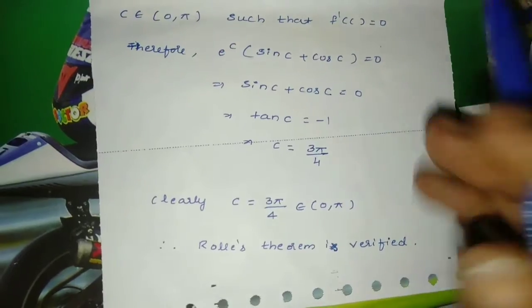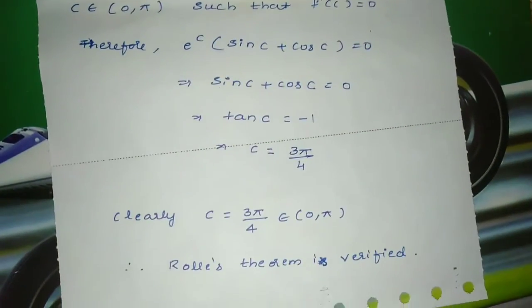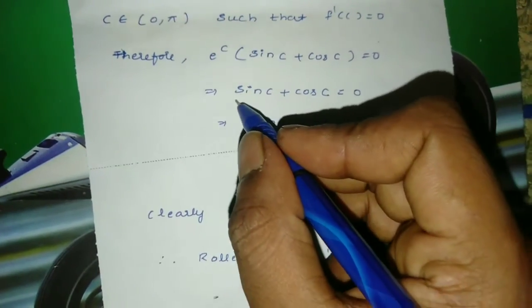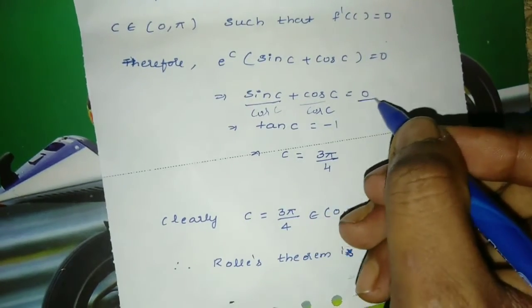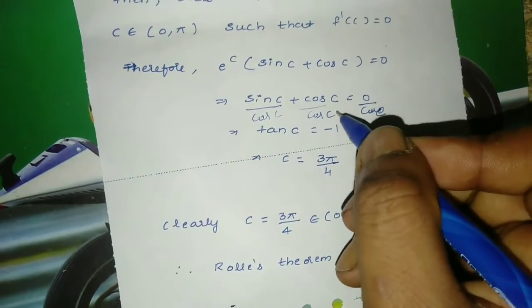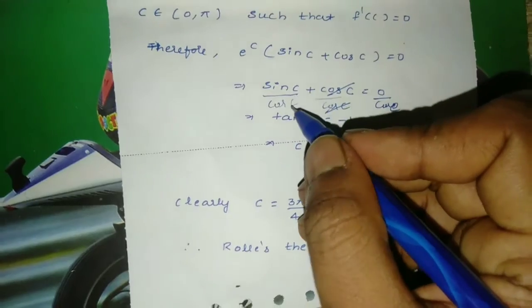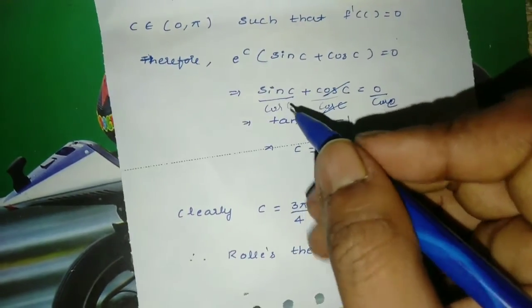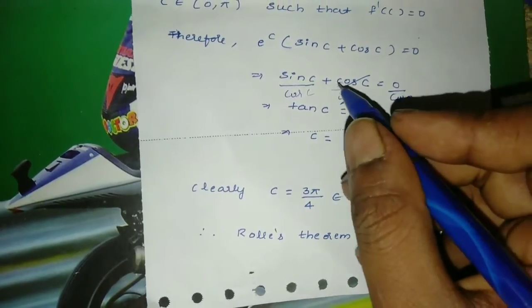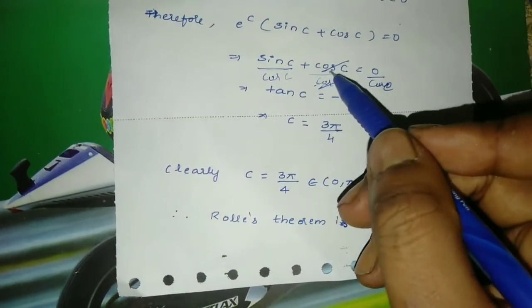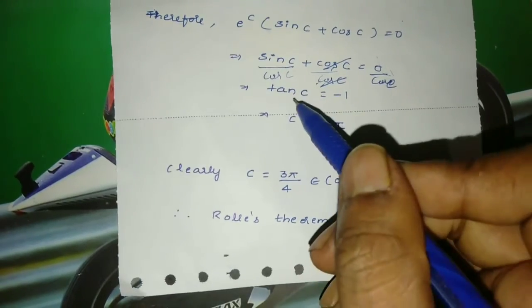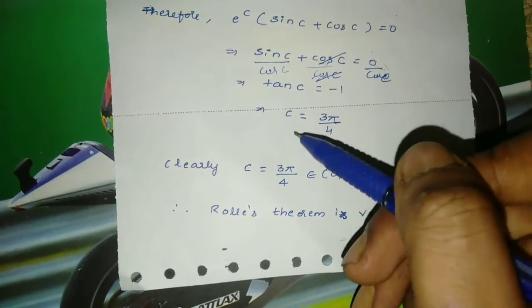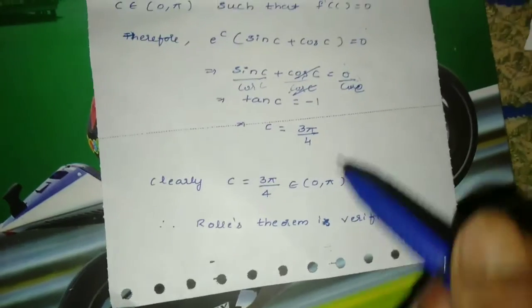Here we divide cos c on both sides, and cos c by cos c cancels. Sin c by cos c is tan c, and this 1 goes to the right hand side. Then tan c is equal to minus 1, and c value is 3 pi by 4.